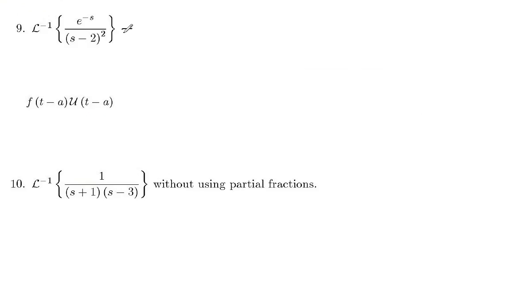So let's rewrite this first as e to the minus s and then times 1 over quantity s minus 2 squared. And this is our cap F of s. So from that we're going to find little f, and then we'll translate it.